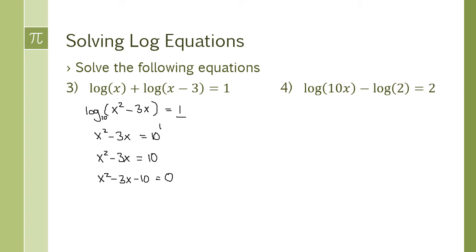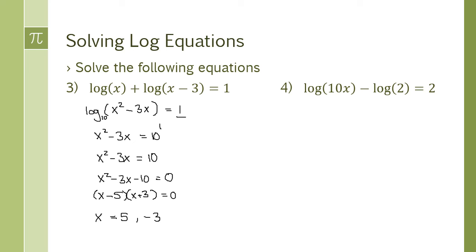That's a quadratic, so we should try to factor it. Well, what multiplies to negative 10 and adds to negative 3? Well, that will be x minus 5 and x plus 3 equals 0, which gives me solutions of x is equal to positive 5 or negative 3. So when you have two solutions, it's especially important to check whether one of them is extraneous.